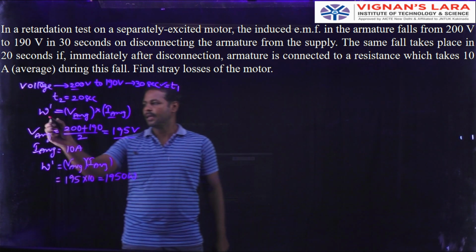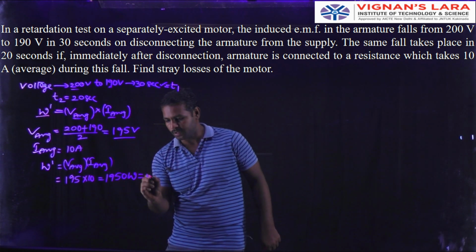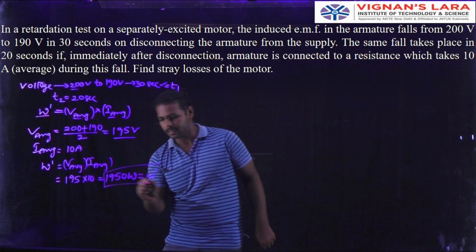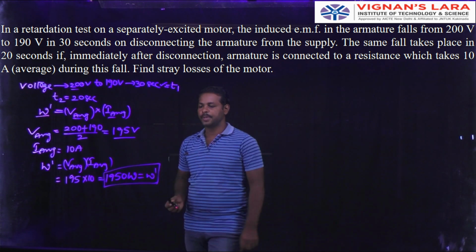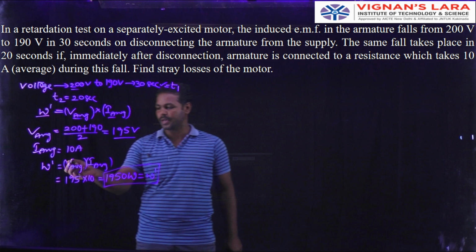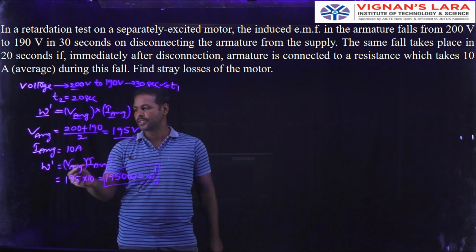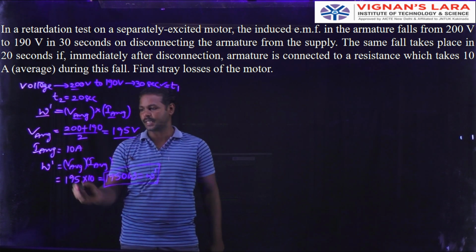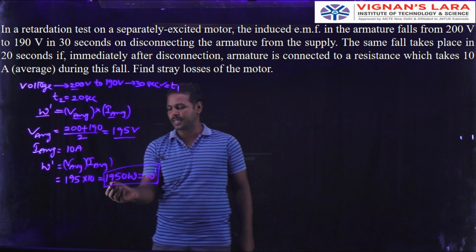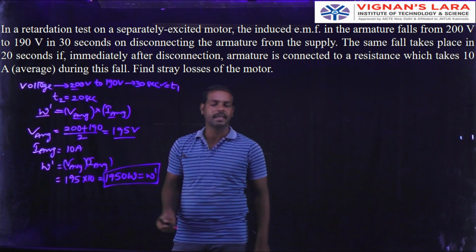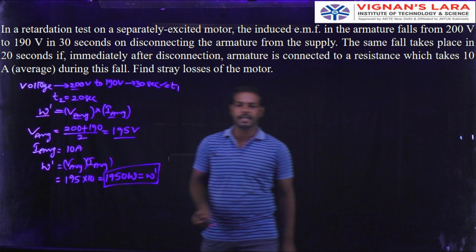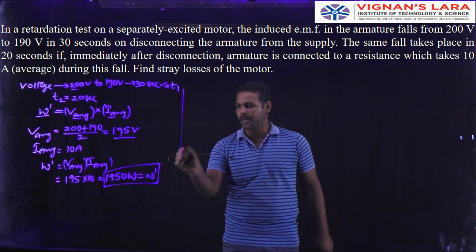So the W' value is calculated by using the average values of voltage and current. The product of these two parameters gives W' equal to 1950 watts.